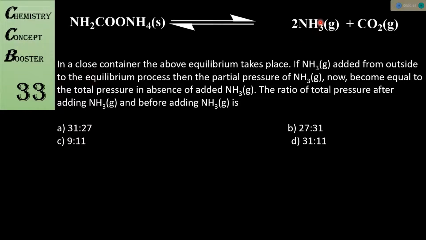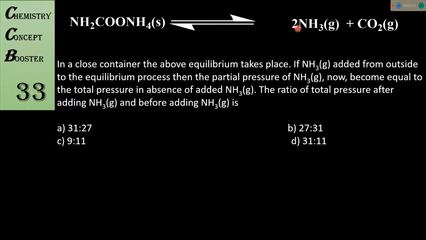The partial pressures of ammonia gas and CO2 gas change, because to maintain the equilibrium constant, the partial pressure will change when we add either CO2 gas or ammonia gas. Here they are talking about addition of ammonia gas. After the addition, the partial pressure of the ammonia gas becomes the total pressure.